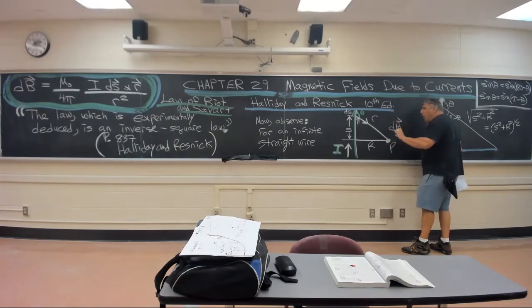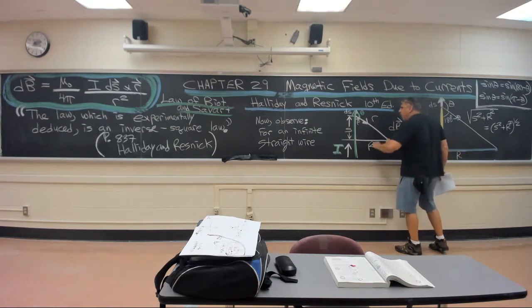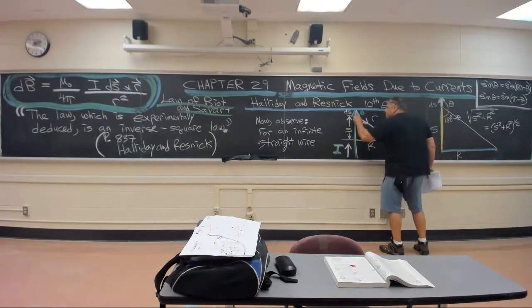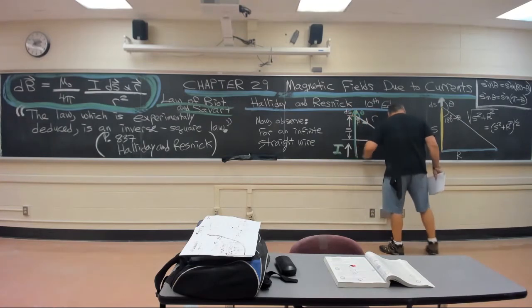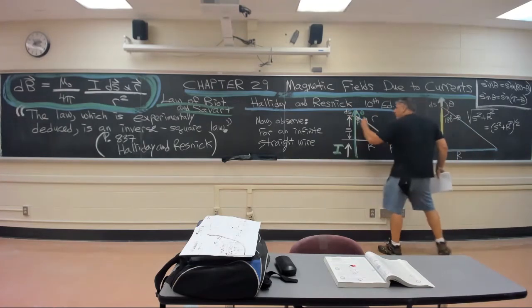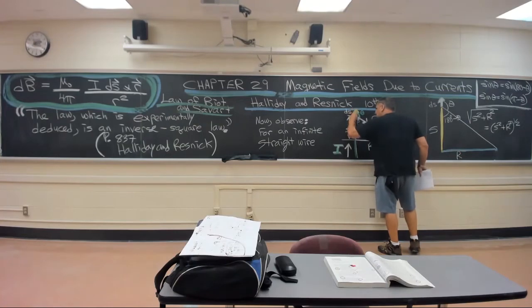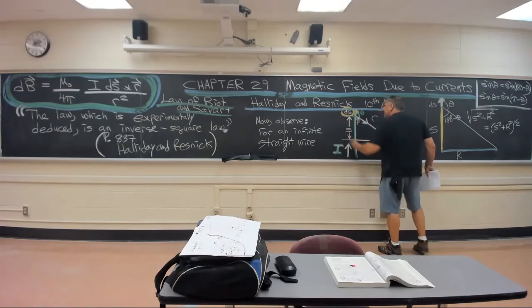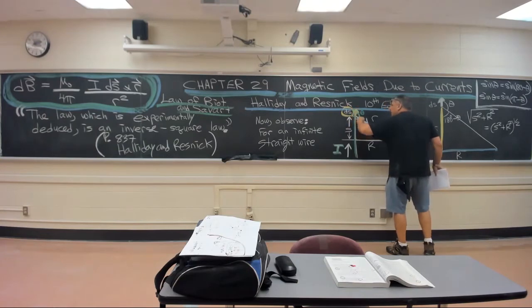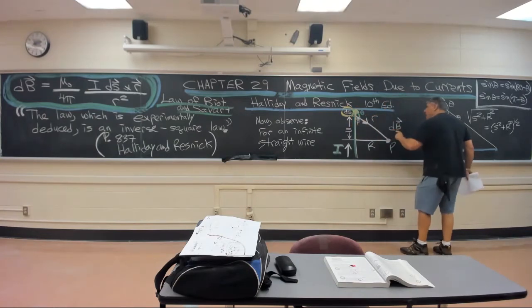And over an infinitesimally small portion of wire, let's say just this portion right here, and that's ds. For that very, very small portion of wire, how much dB do we get?